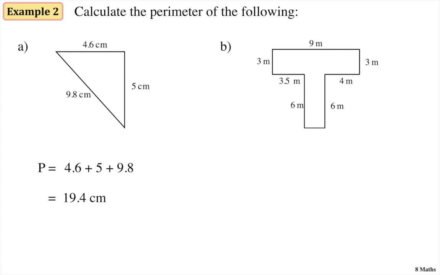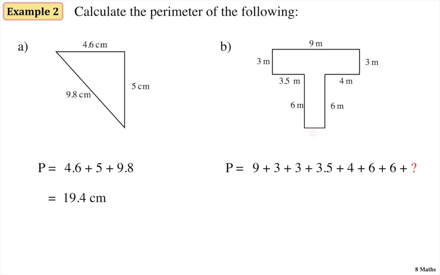Now for my next shape, the perimeter is add up the distance around the side of my shape. Well, if I add up the distance, I'm going to look at it and you'll notice I've got a 9 and a 3 and a 3, a 3.5 and a 4, a 6 and a 6. That length there, I do not know.